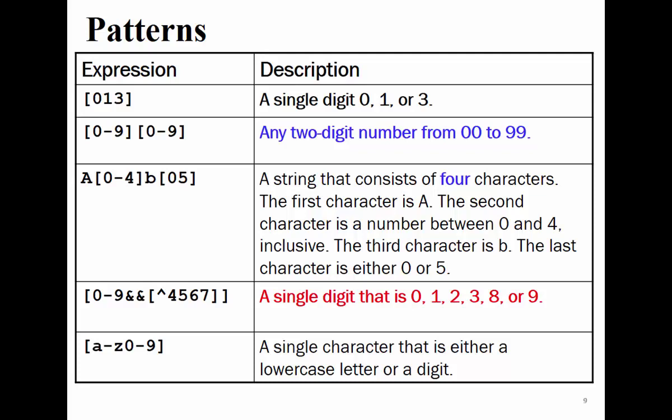You need to practice on creating regular expressions. I give you a regular expression and ask you to give me an equivalent one, which is gonna do the same job. So the one before the last is looking for any digit among 0, 1, 2, 3, 8, and 9. I can do this by just putting a square bracket and putting all these digits inside, the same as the first one.